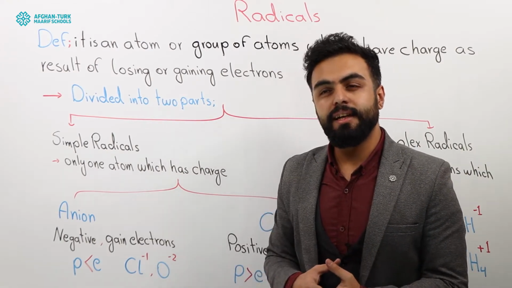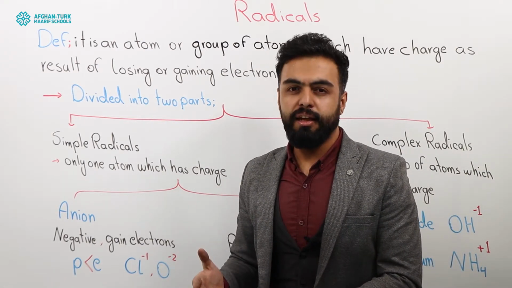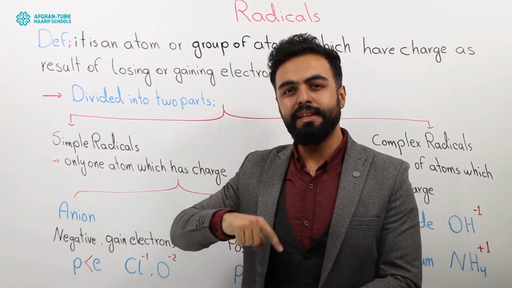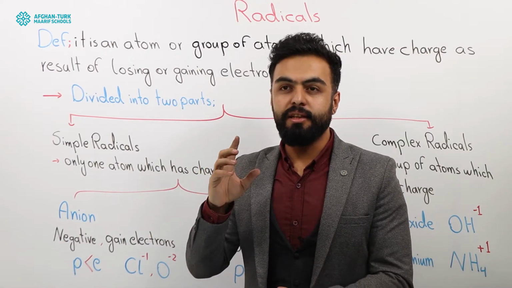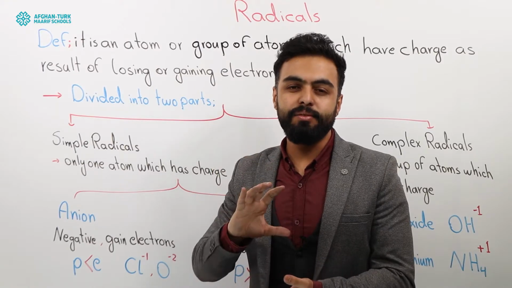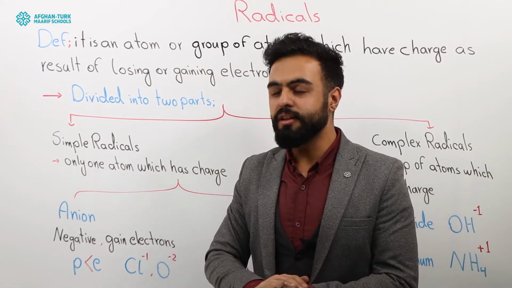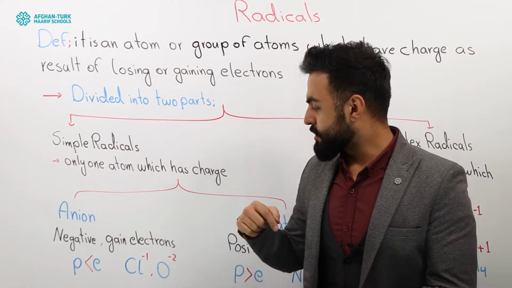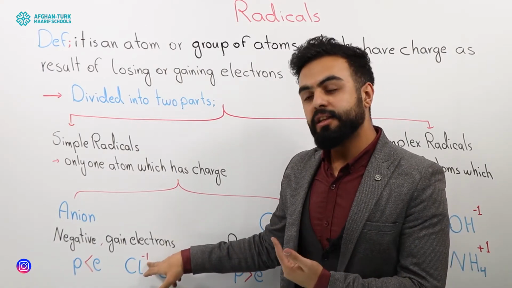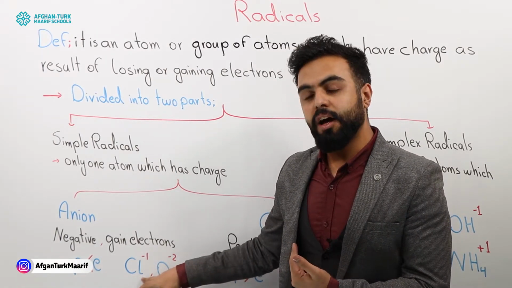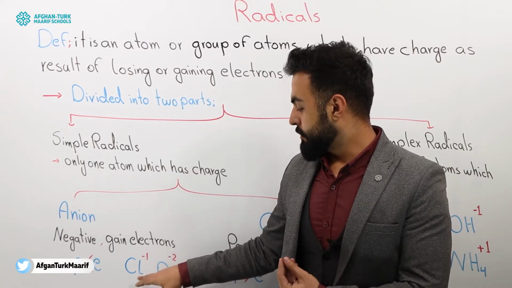Chlorine itself has 17 electrons. It wants to complete its last shell with 8 electrons, so it receives 1 electron and it becomes -1. So it is now an anion.